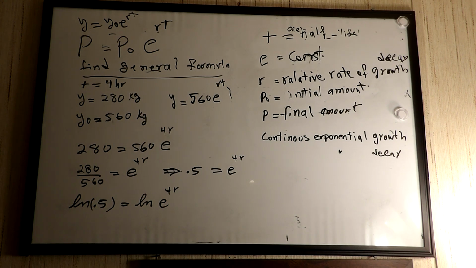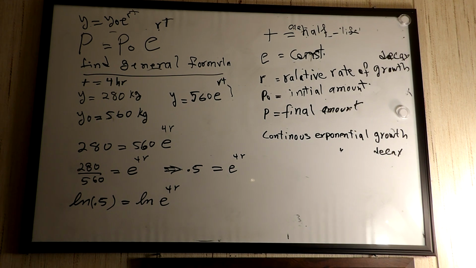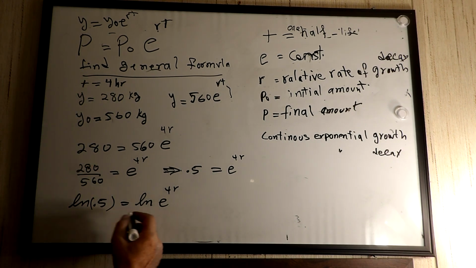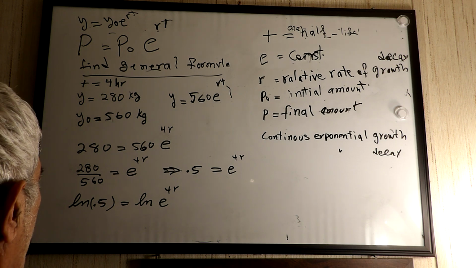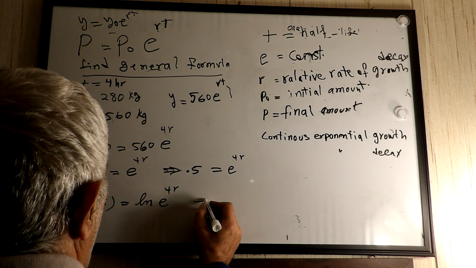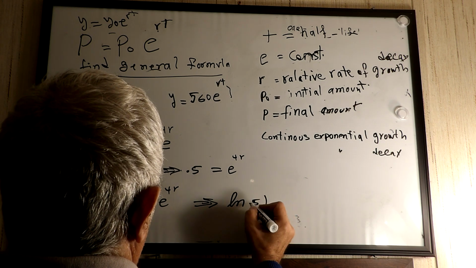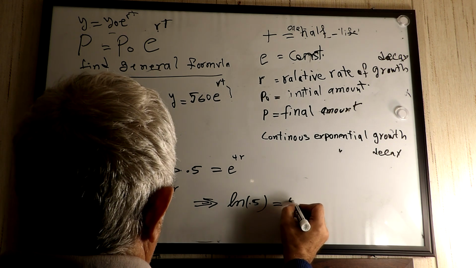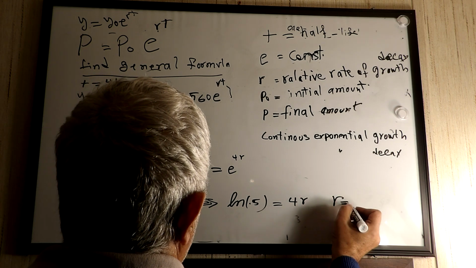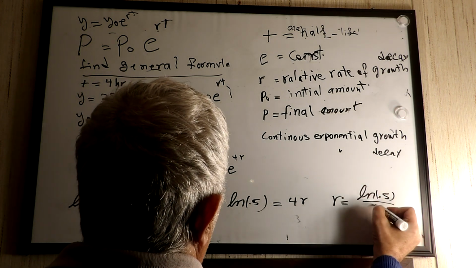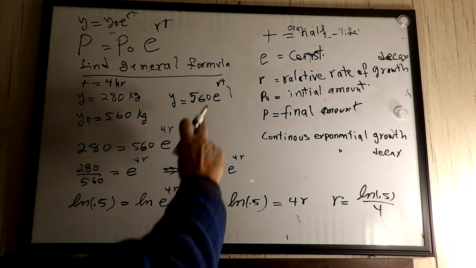The way to solve this one is the same as the example we just solved. So ln of 0.5 is equal to 4r, and r is equal to ln 0.5 divided by 4. So we find r.